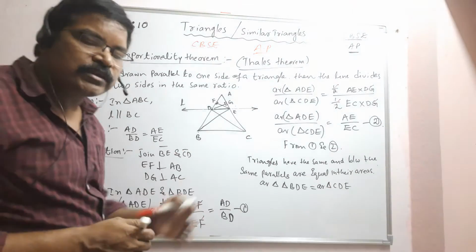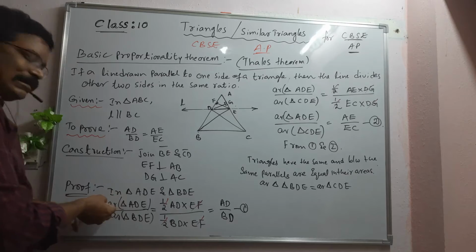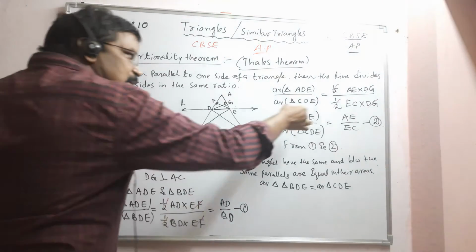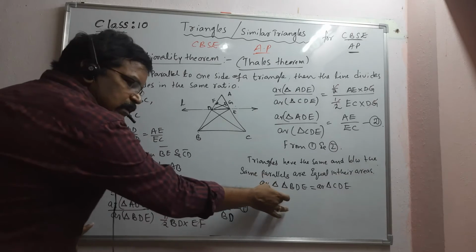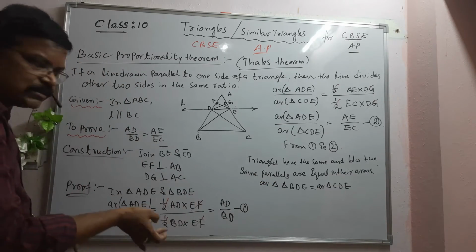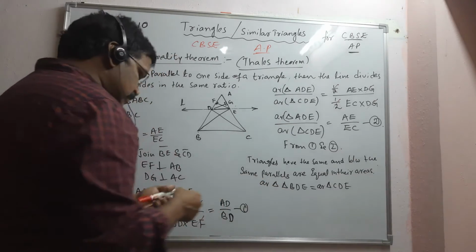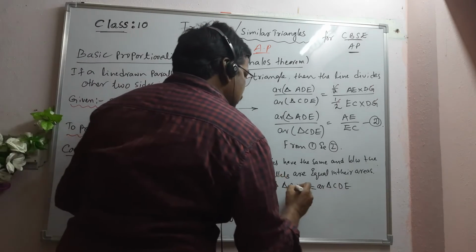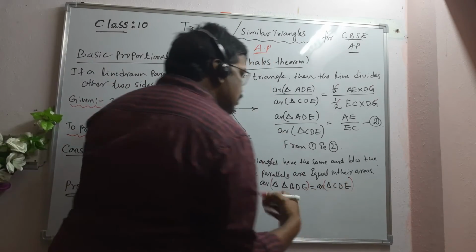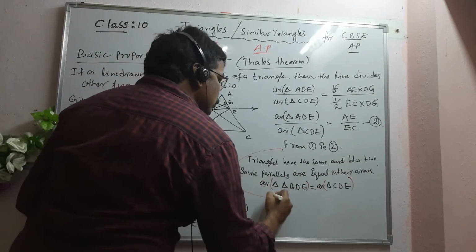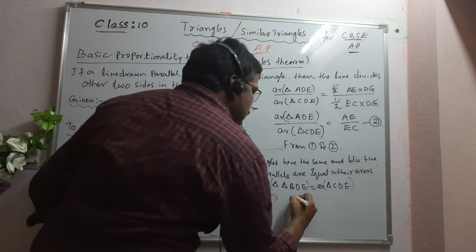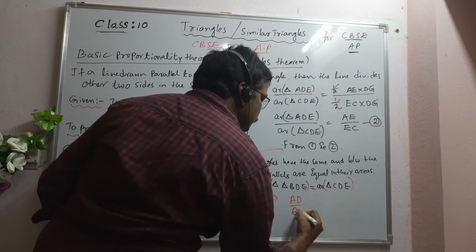So from 1 and 2 equations, the numerators ADE and ADE are equal, and I proved here the denominators, that means area of triangle BDE and area of triangle CDE, are also equal. Then from 1 and 2, what do you write, students?